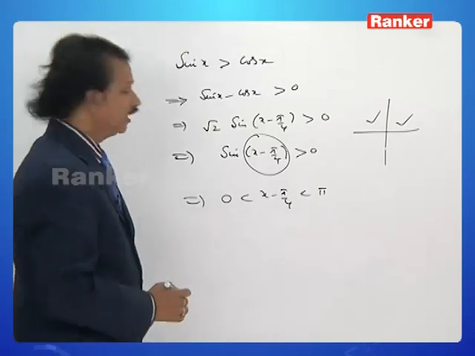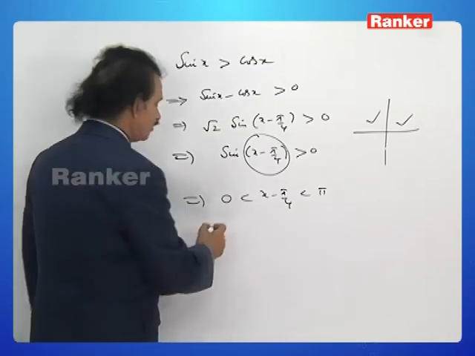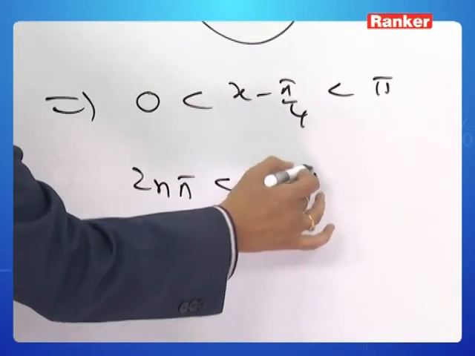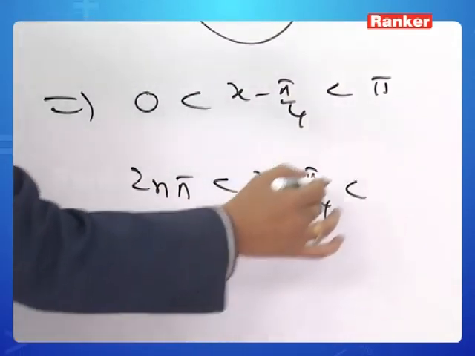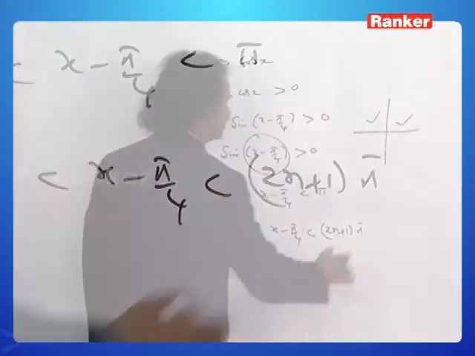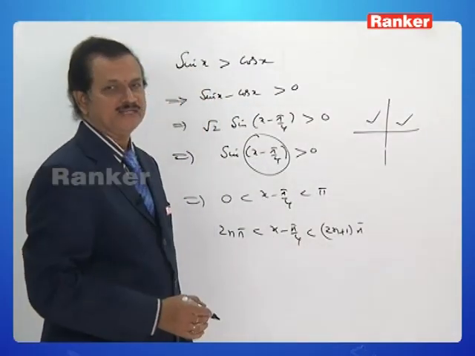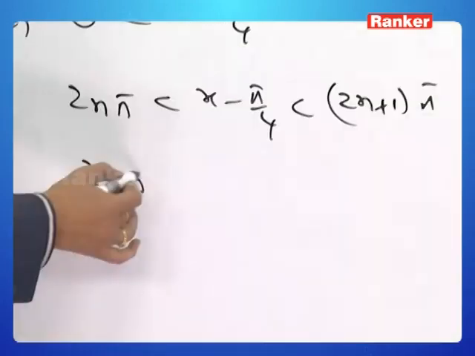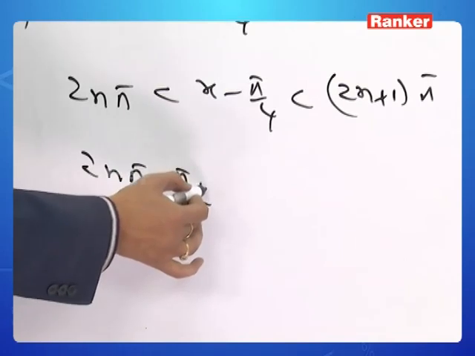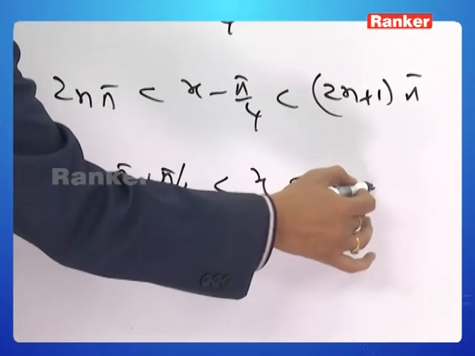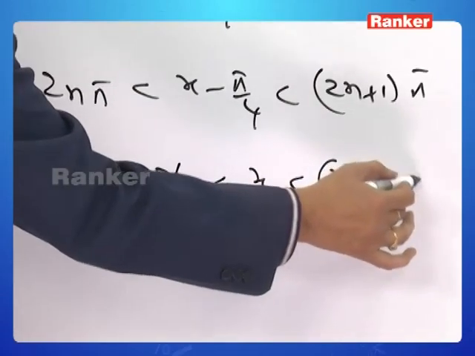That is 180 degrees. Good. And to have the general solution, 2n pi less than x minus pi by 4 less than 2n plus 1 into pi. That is pi plus 2n pi is 2n plus 1 into pi. Therefore, 2n pi plus pi by 4 less than x less than 2n plus 1 into pi plus pi by 4.